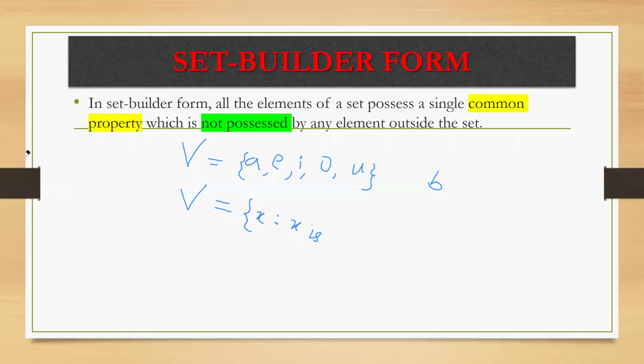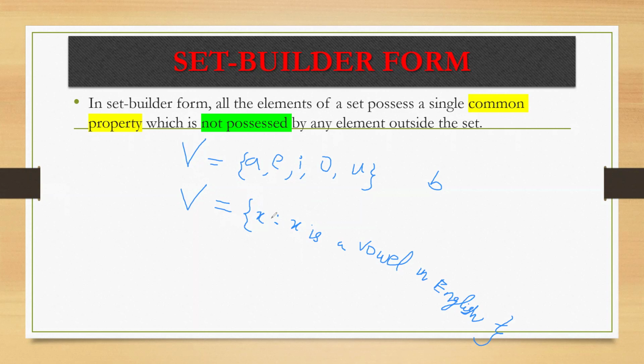X is a vowel in English alphabet, right? So if you write this and then enclose it in braces, then this is the set builder form.